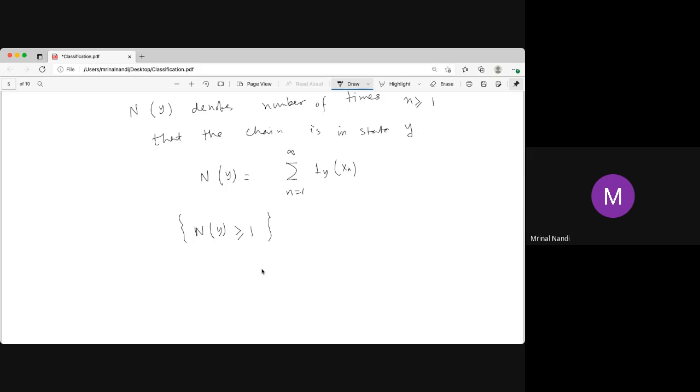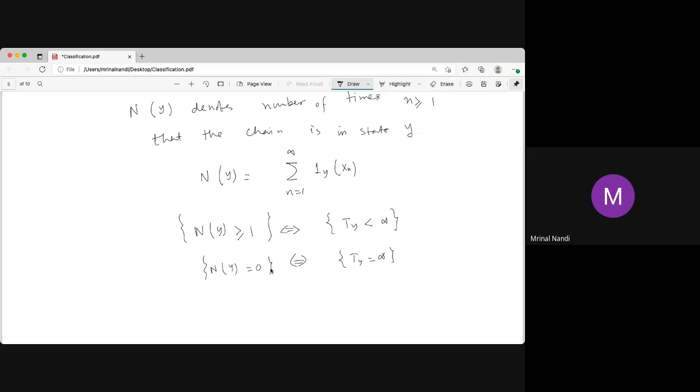It is the event that the chain will be at least one time in y, and that actually means the hitting time is finite. If it hits, it may be 1 time, 2 times, 4 times, whatever, it's greater than or equal to 1. And the hitting time being infinite means Ny is 0, that it never hits y. It's the complement of this.